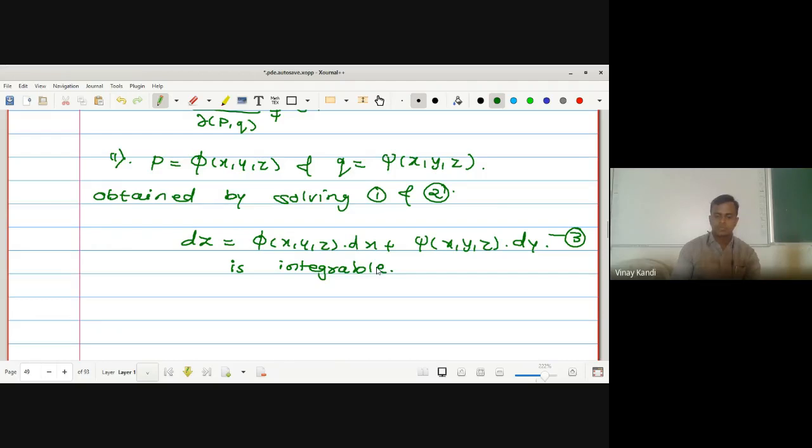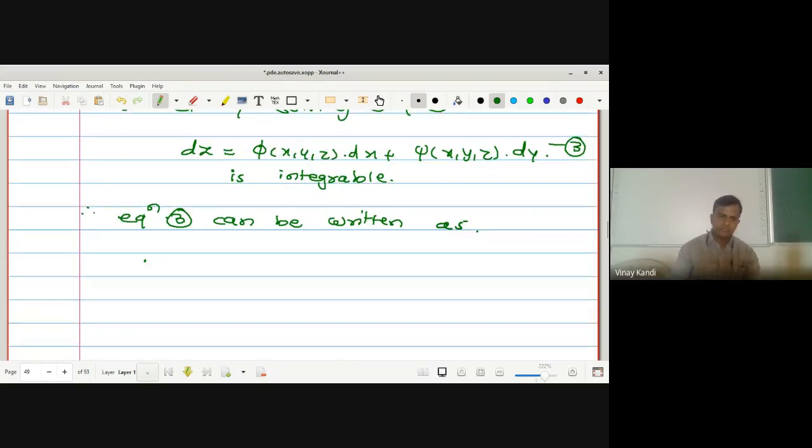Therefore, equation 3 can be written as phi of x, y, z dx plus psi of x, y, z dy minus dz is equal to 0.